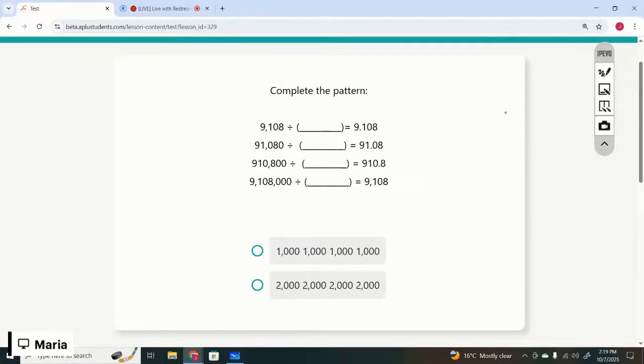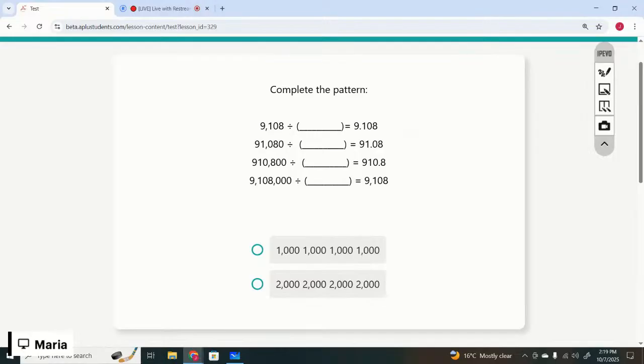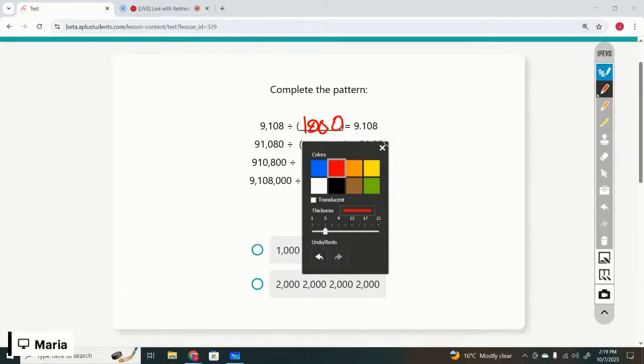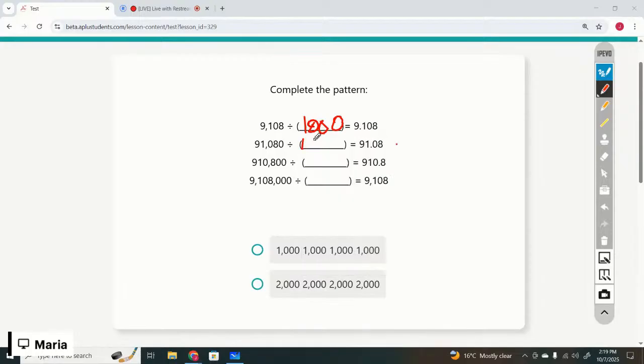Nine hundred and 9,108. So the decimal point is moved three places left. So it would be divided by 1,000. Okay, the decimal point is moved from another zero to here. So it is divided by 1,000. The decimal point is moved three places left.